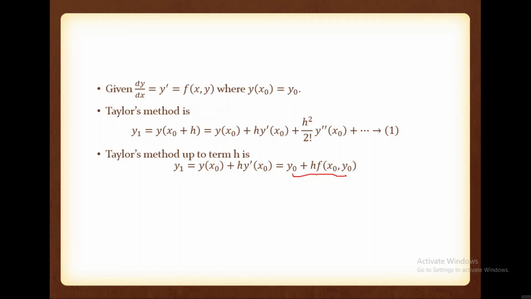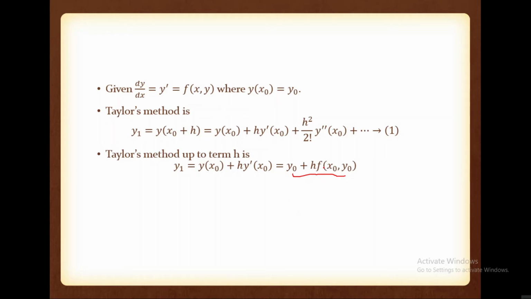Is it Euler's method? Yes. So actually we derived Euler's method by using a different method. We integrated the given ordinary differential equation, then for a short period we assumed that f of x comma y, that is dy by dx, is constant. With that assumption, we derived Euler's method.